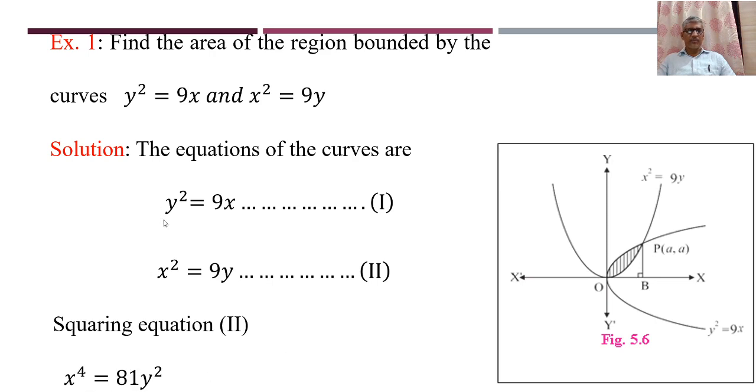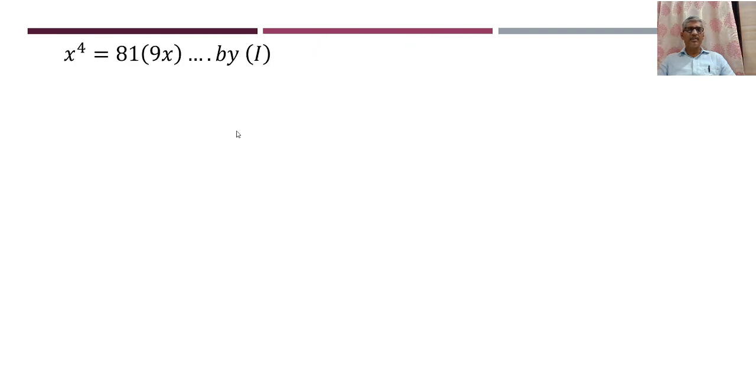Squaring equation second means x square squared is x raised to 4, equal to 81 y square. From equation first, y square equal to 9x, put this in the equation, replacing y square by 9x. The equation becomes x raised to 4 equal to 81 multiplied by 9x.